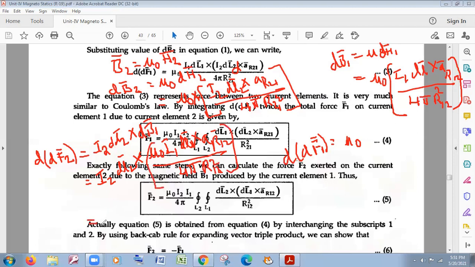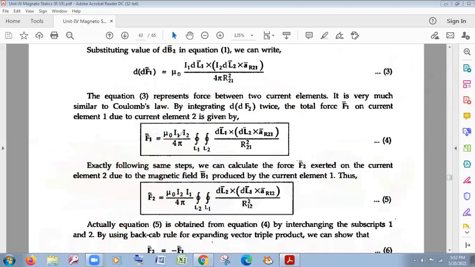That is equal to, you write the mu naught on the outside, and I1 and I2 also on the outside, whole divided by 4 pi, which you can also write on the outside. And we have the line integral of 2, line integral of 1, dL2 bar cross dL1 bar cross a_R12 bar by R12 square.